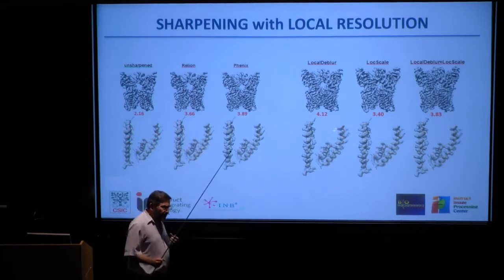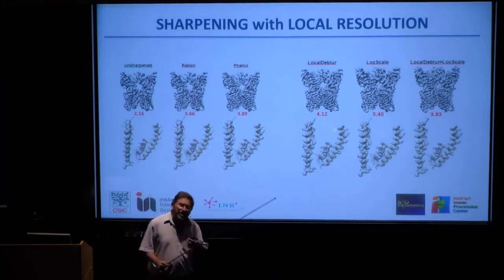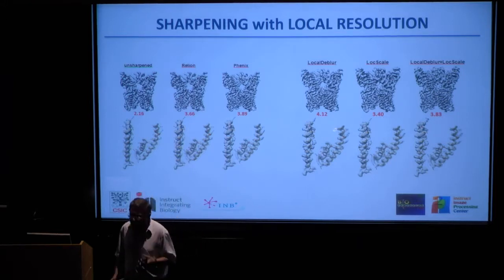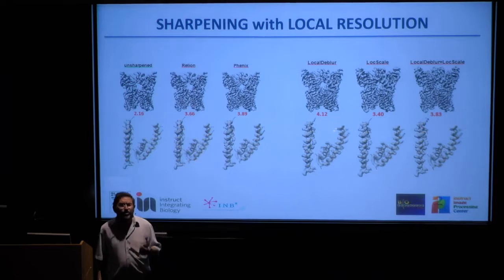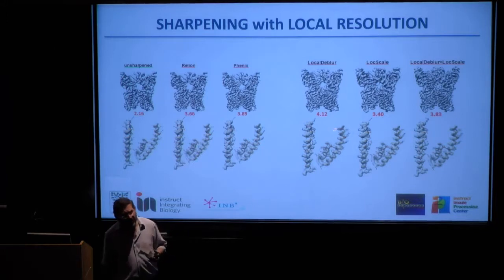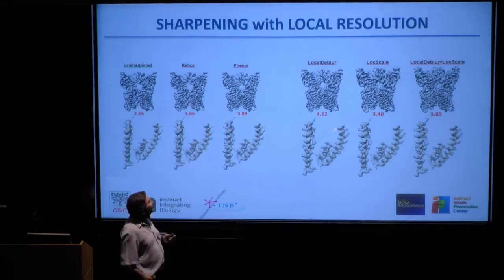And this could be considered like sharpening, but sharpening with additional information. I mean, the information about how your structure was blurred, how your structure was degraded to start with, or at least an approximation to how your structure was degraded to start with.